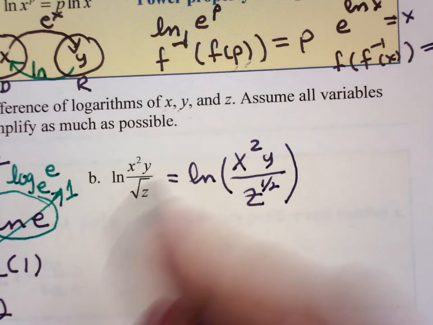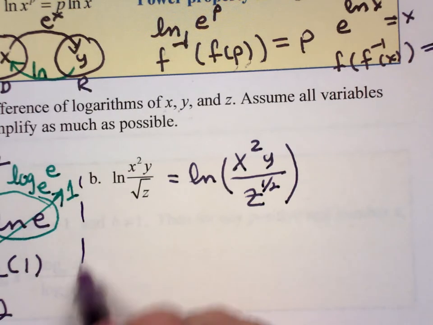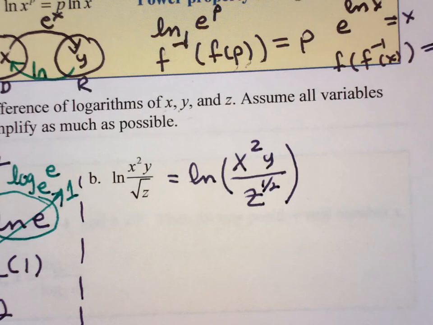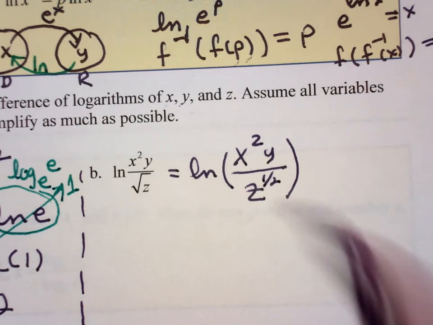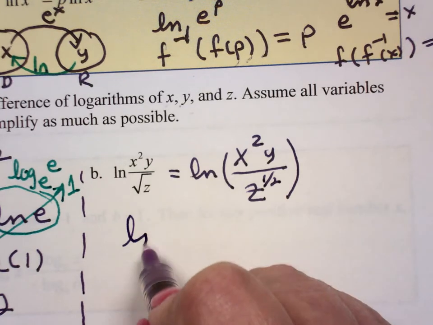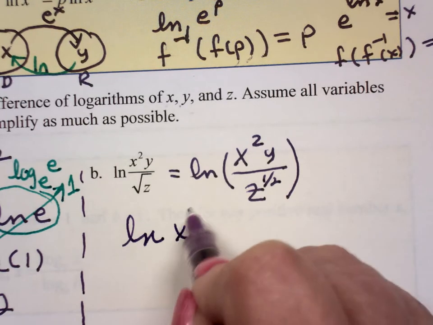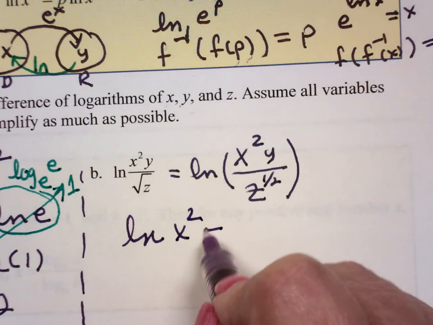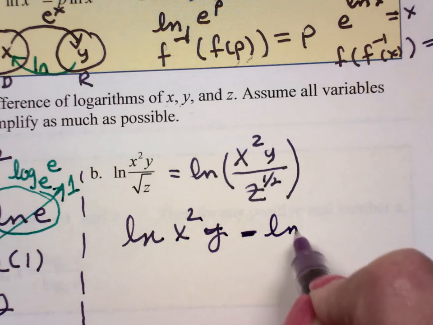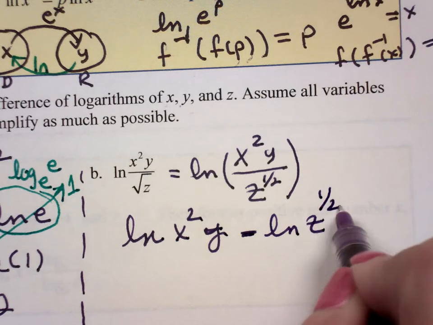So the first thing we look at is, I'll put a separator in there, that a quotient turns into a what? Subtraction. So natural log of x squared y, I almost took a shortcut, minus the natural log of z to the 1/2.